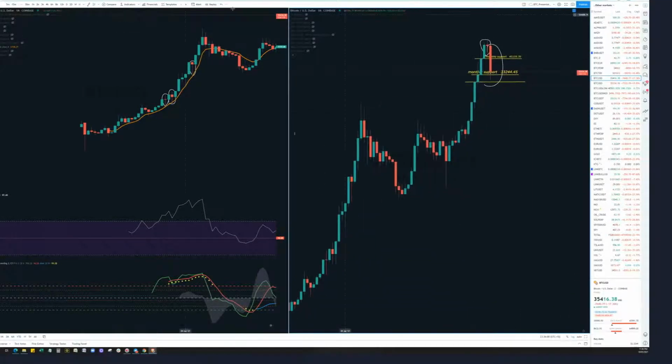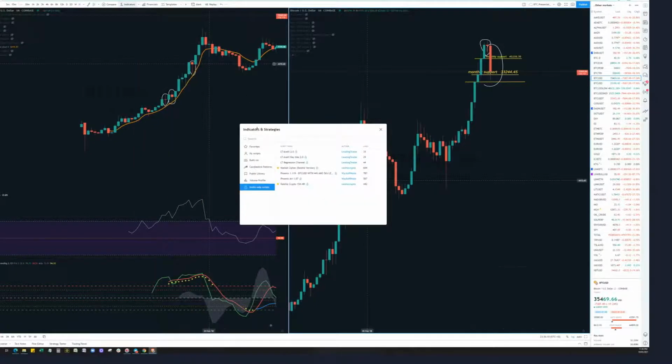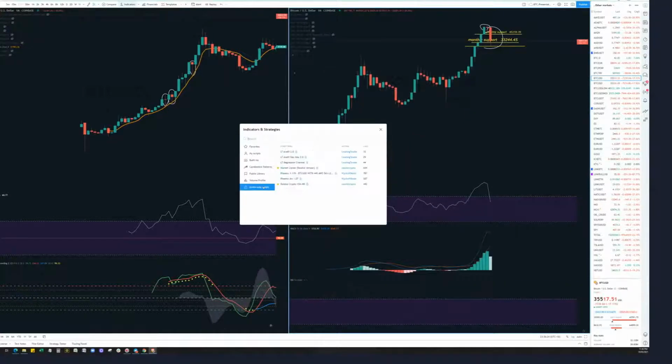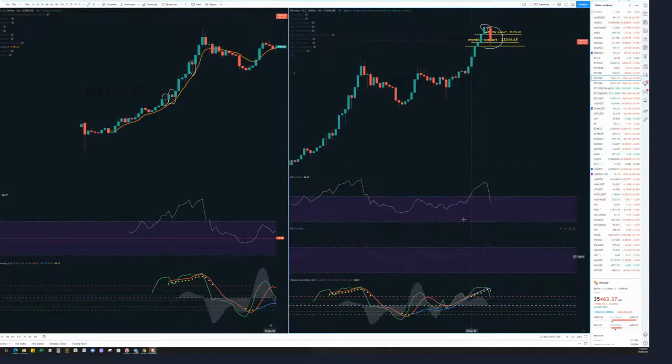And let's just add the RSI on this one. And the MACD, yeah, that's pretty obvious, so I'm not interested in that. And I already had the RSI there, okay.